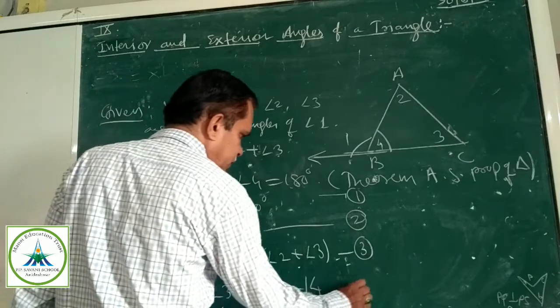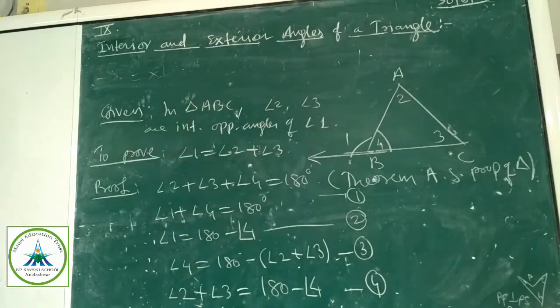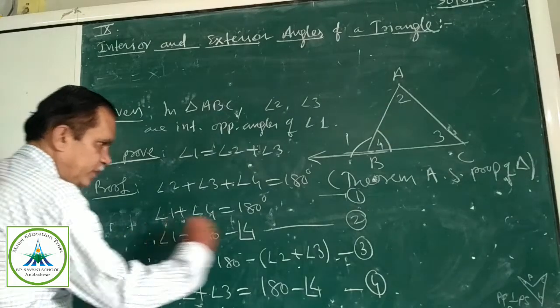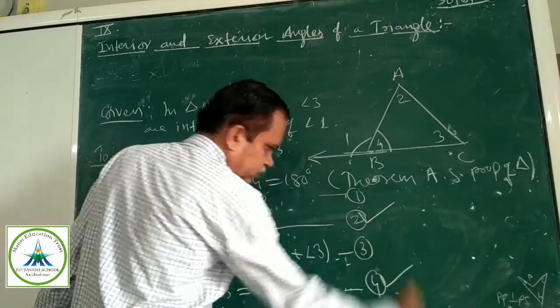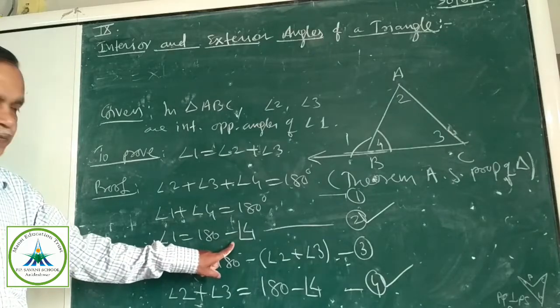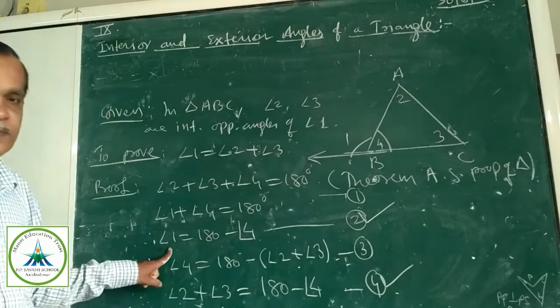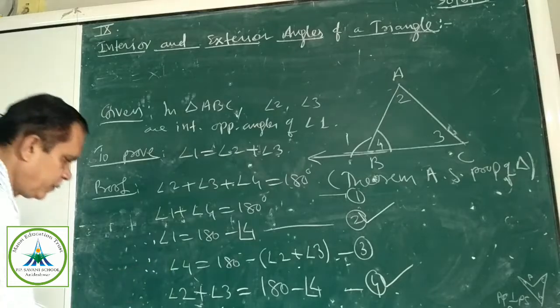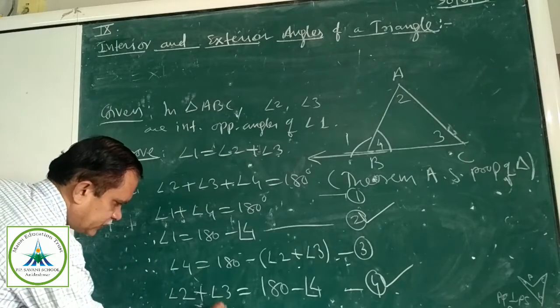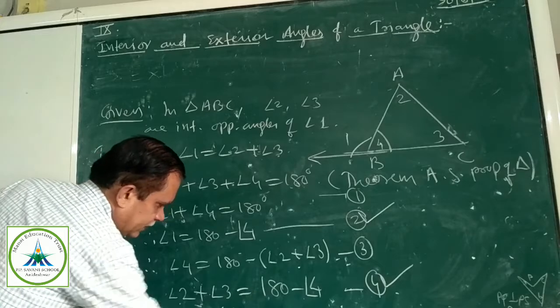Now see, 4. Yes or no? And now from second and fourth, angle 1 equal to 180 minus angle 4. So we can replace 180 minus 4 by 1. Therefore, angle 2 plus angle 3 equal to angle 1.